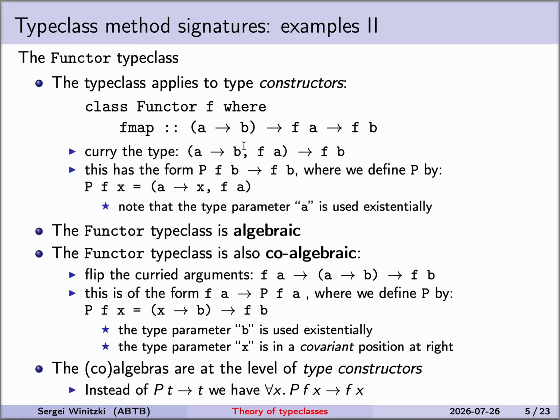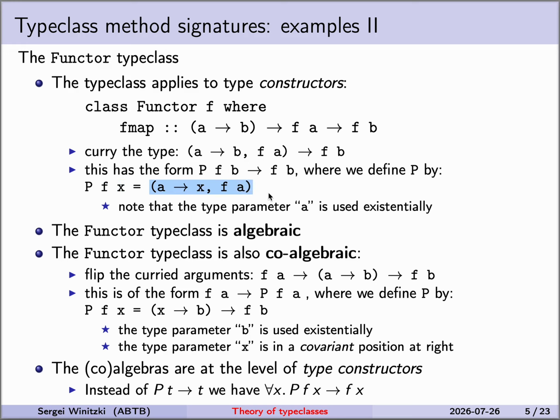So that is what we have to do. And in order to transform the type signature of fmap into a form of this sort, we curry the type, so we get this a to b and f a going to f b. And now you see this is f b, so we can rewrite it in this form if p is defined like this. So p is a higher-kinded type constructor that takes a type constructor f and returns another type constructor, which applied to x gives you this type.